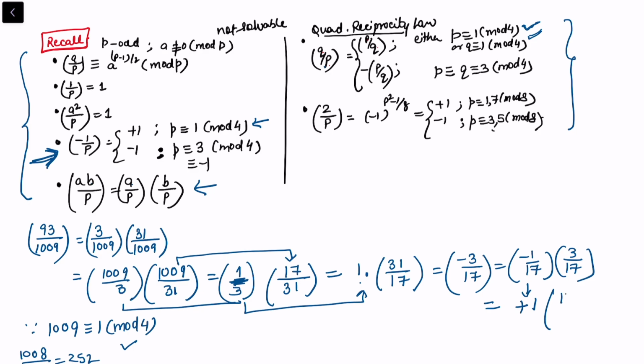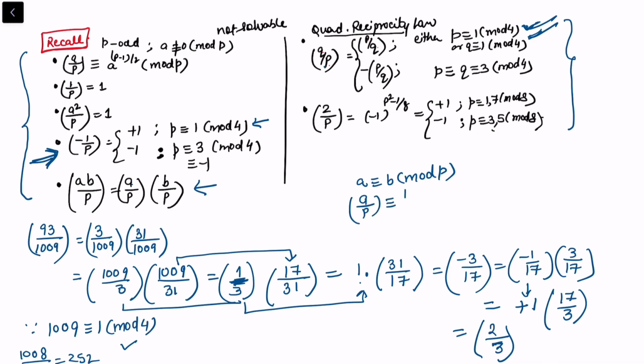And this I am doing again by reciprocity, by the quadratic reciprocity law. So we got 17 is congruent to 2 mod 3. Here when I'm replacing, I'm using the fact that whenever a is congruent to b mod P, the Legendre symbol a by P is also the same as b by P. So this becomes 2 by 3, and from these properties you can see this turns out to be minus 1.